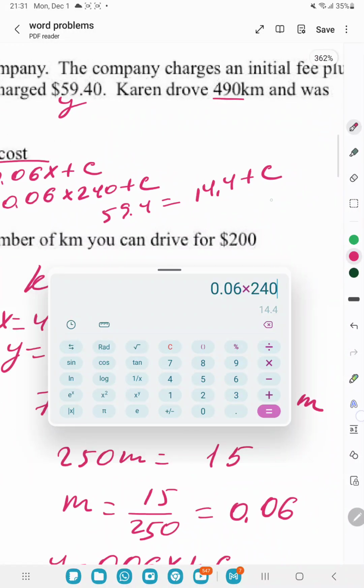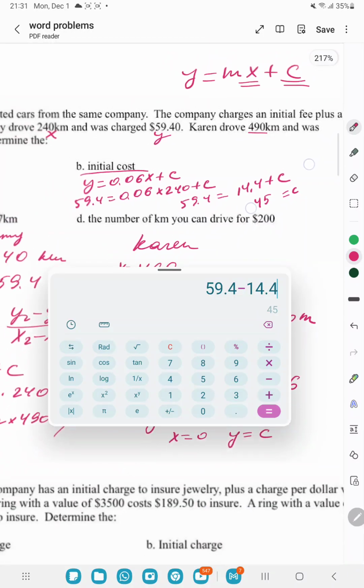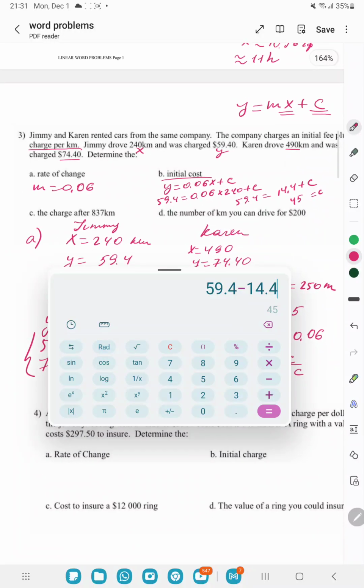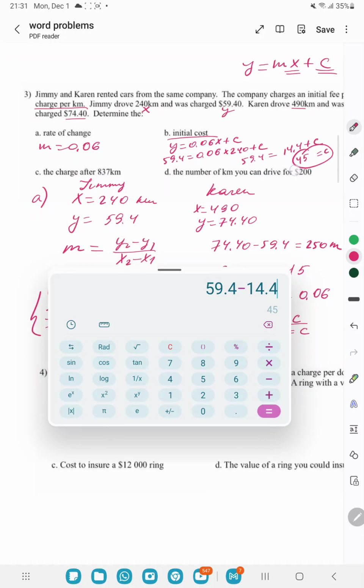To find c, we just subtract 14.4 from 59.4, which is 45. So this is our initial cost. Regardless of how many kilometers you travel, you have to pay $45 in the beginning.